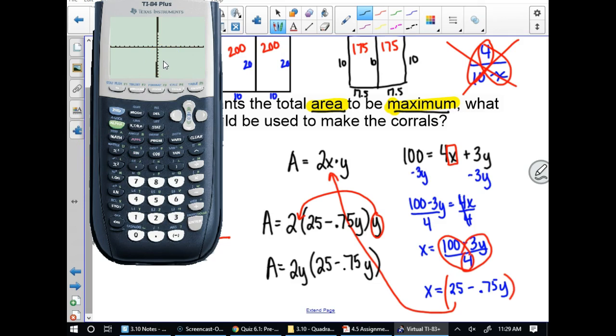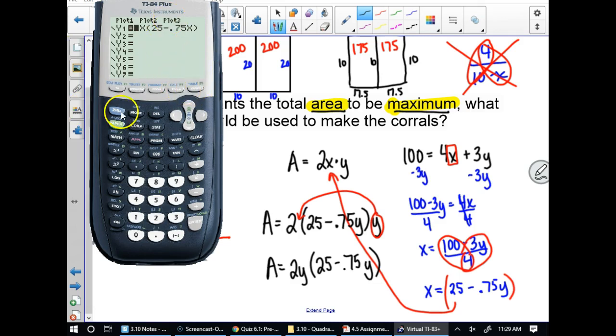Like if you're in that standard 10 by 10 window, you can't really see anything. So, what's it say beside the error? Syntax. Make sure you didn't use a negative instead of a minus in between your 25 and your 0.75. That's usually it, if it's that one. See if that fixes it. Or sometimes your plot might be on.